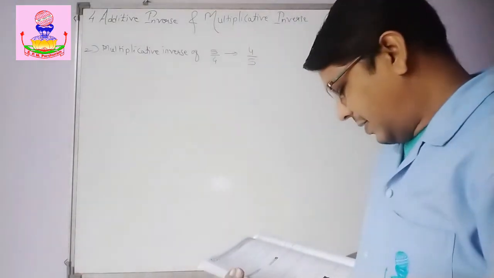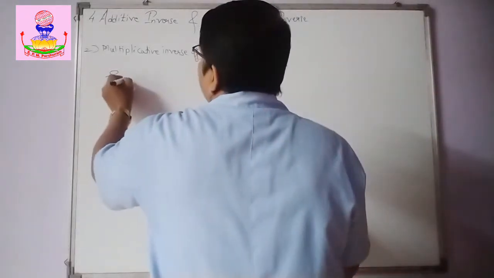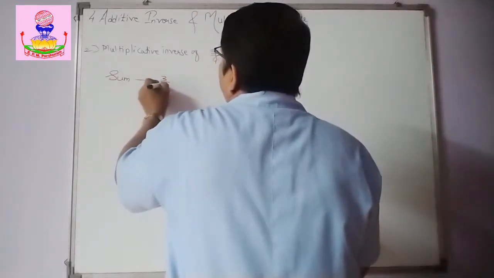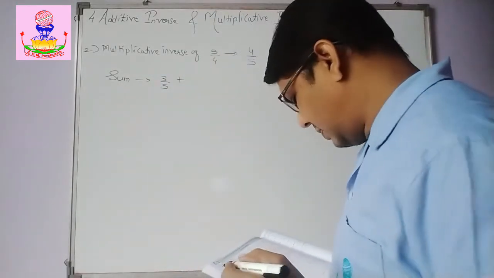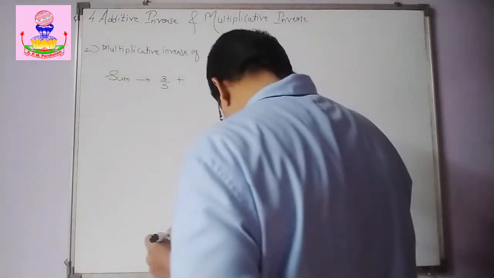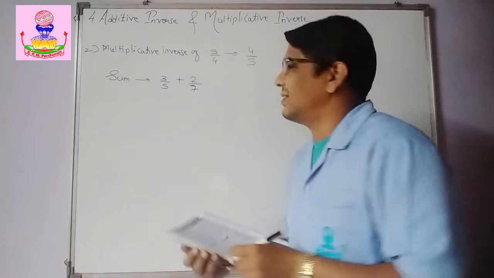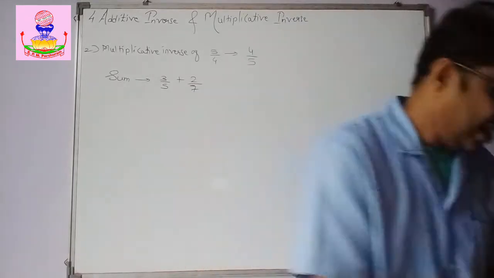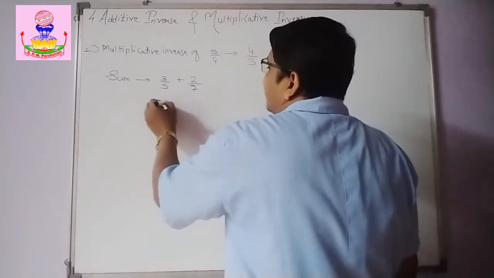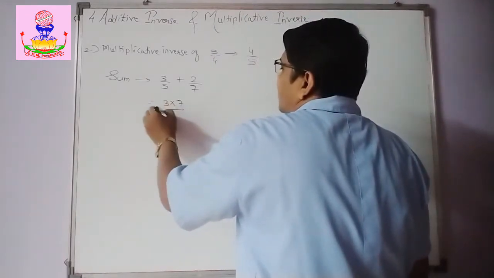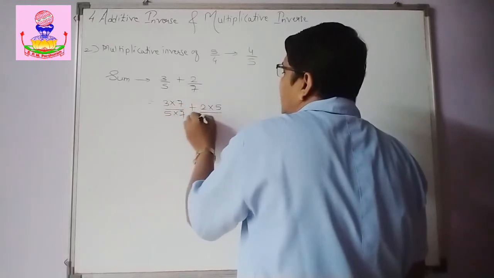Okay. And you have to find the sum of 3 upon 5 and 2 upon 7. Now here, denominators are not same. So you know what to do. Yes, cross multiplication. Okay. So I can write this as 3 into 7 upon 5 into 7 plus 2 into 5 upon 7 into 5.